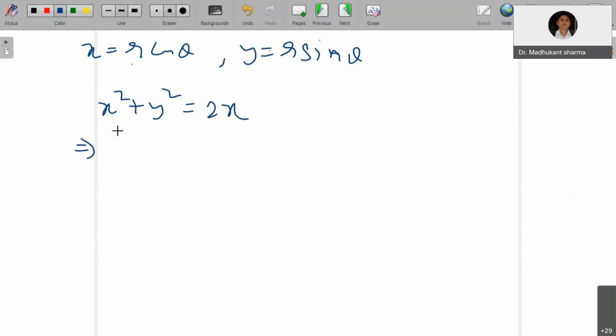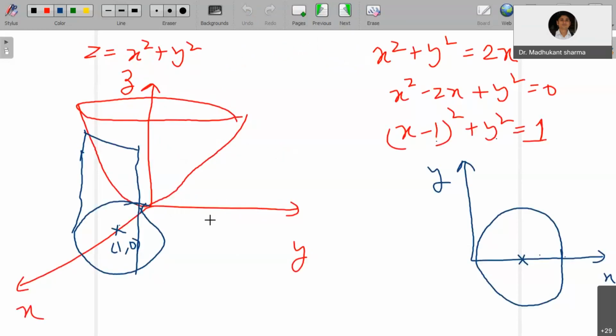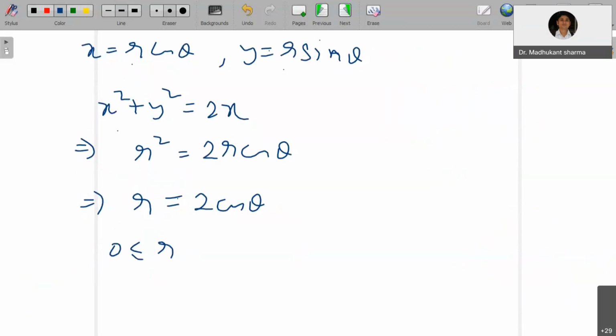If you replace x by r cos theta and y by r sin theta, it is going to be r square equals 2r cos theta. This implies r equals 2 cos theta. So it shows that r enters from here and leaves here, so r equals 2 cos theta, and 0 is less than or equal to r is less than or equal to 2 cos theta.